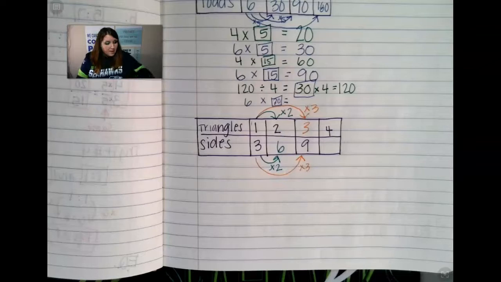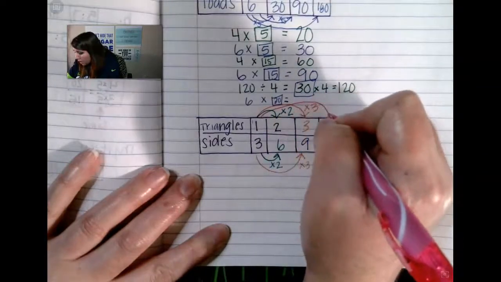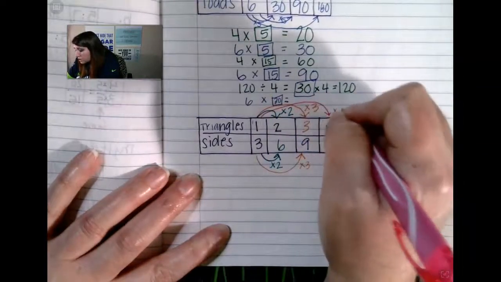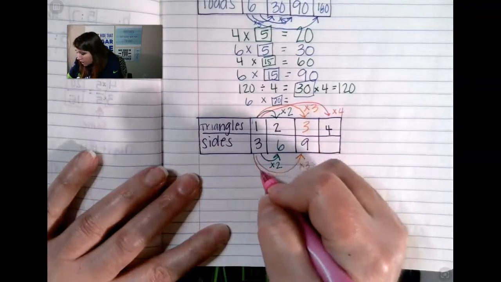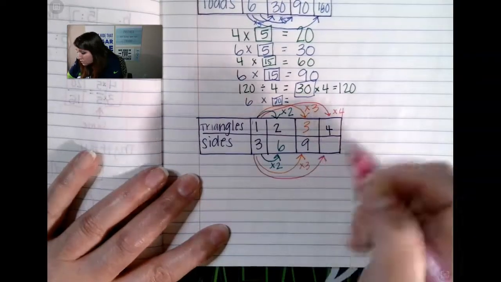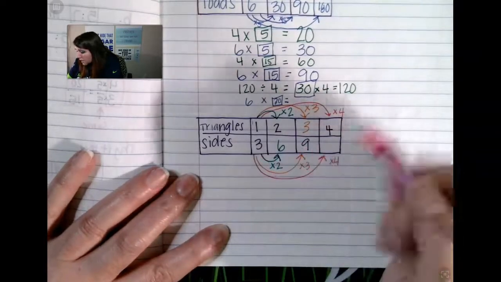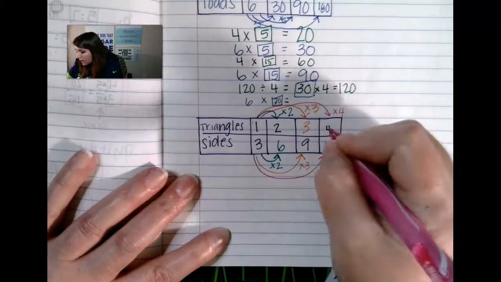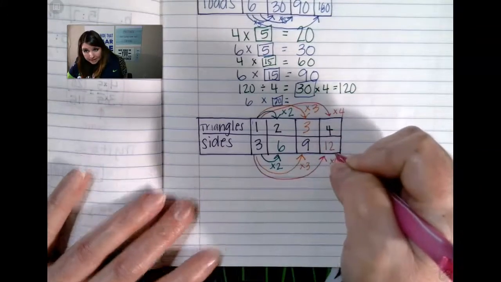And then in the last one on this table, when I have 4, to get from 1 all the way over to 4, I had to multiply by 4. So on the bottom, I also need to multiply by 4. So 3 times 4 is 12. So when I have 4 triangles, I will have 12 sides.